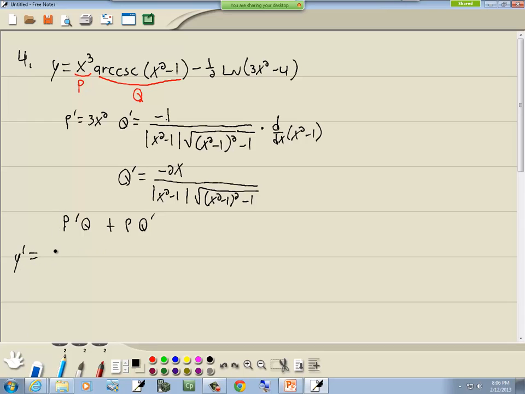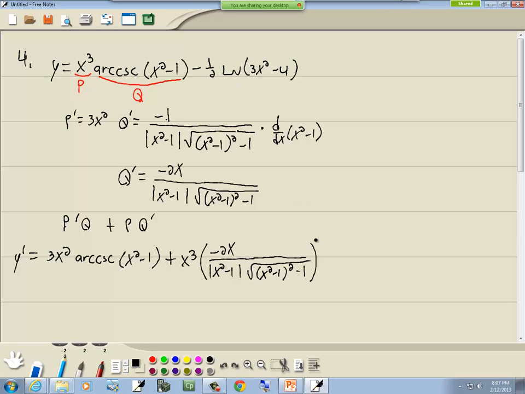So p prime was 3x squared times q, which was arc cosecant of x squared minus 1, plus p, which was x to the third, times q prime, which was negative 2x, over the absolute value of x squared minus 1 times the square root of x squared minus 1 squared minus 1.